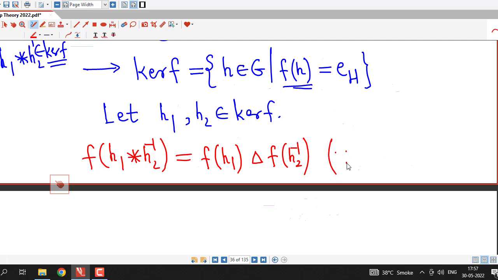I have written this using the definition of homomorphism.